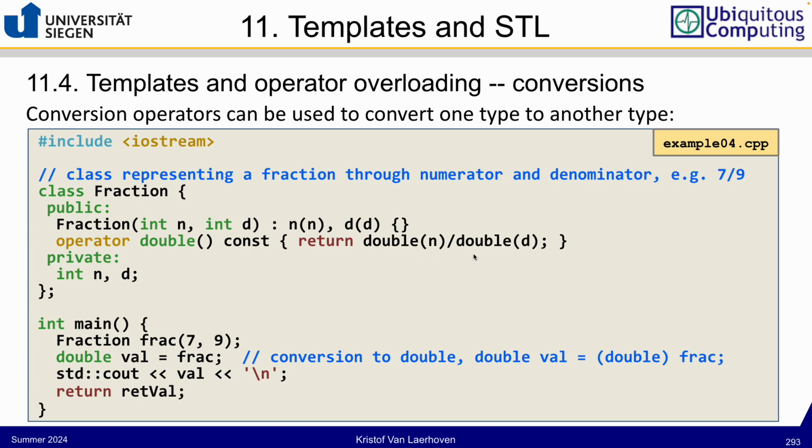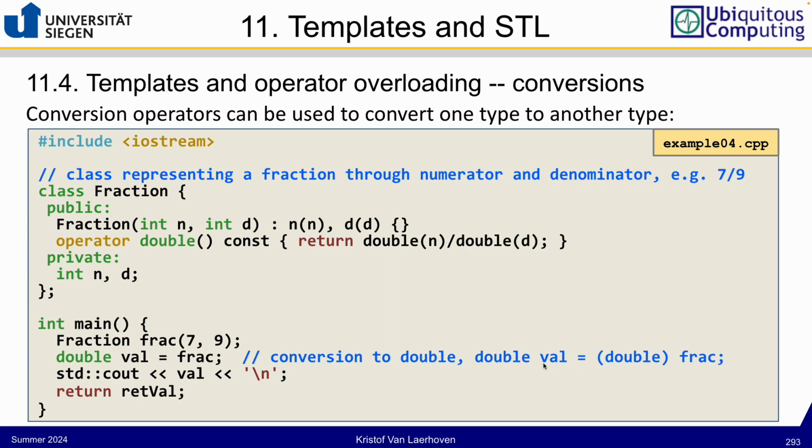Then we have two doubles that we divide, and then we return this double that is produced over here, right? So that is what is being done here, and then we can actually create an object of this particular class. So 7 divided by 9 can be instantiated this way, and the value that we have over here will then implicitly already trigger this conversion, because value is a double, and this assignment operator will then make sure that what is here is explicitly converted to a double.